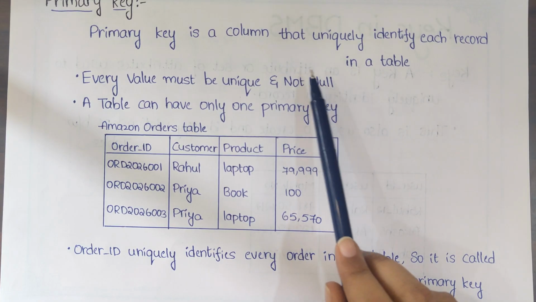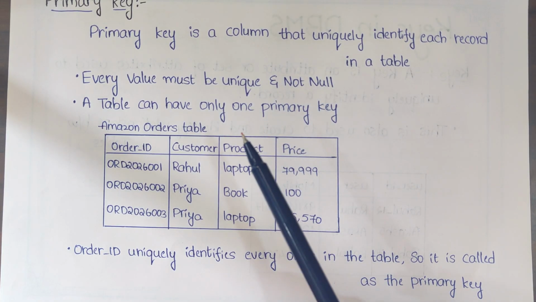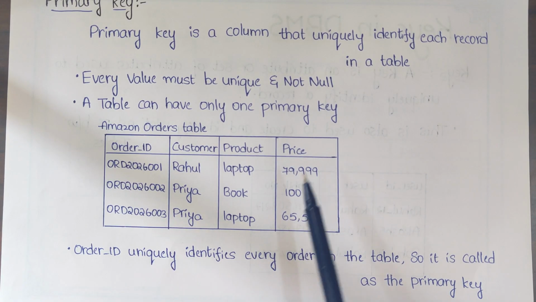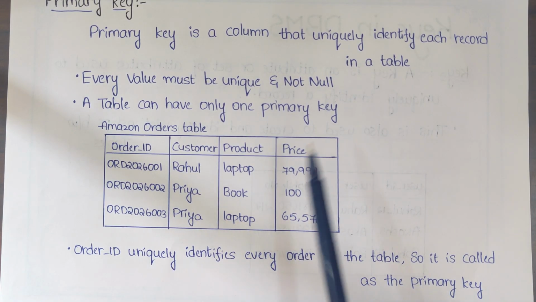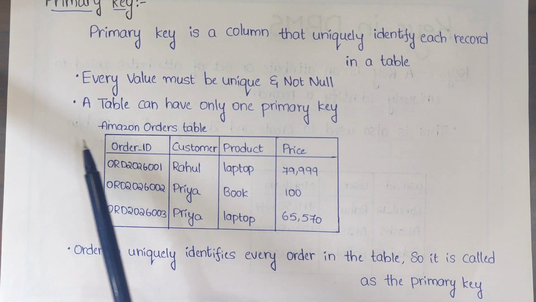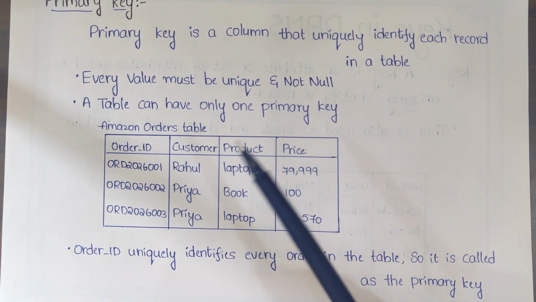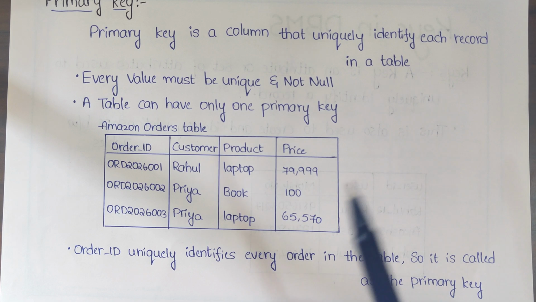The value should not be null, because when we search for individual user details, if the value became null, how could we even search? And a single table should have a single primary key, so that we can search using that specific primary key only.